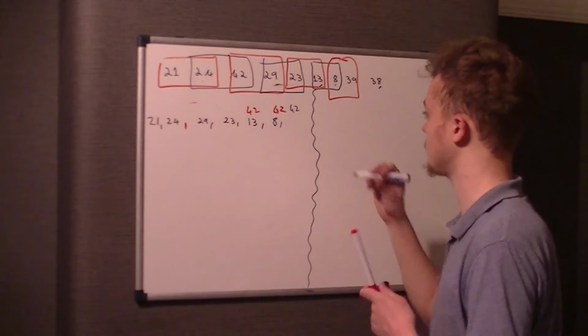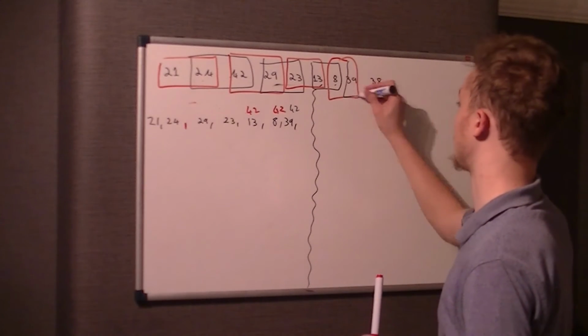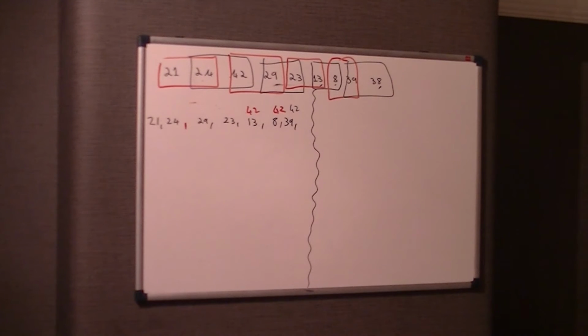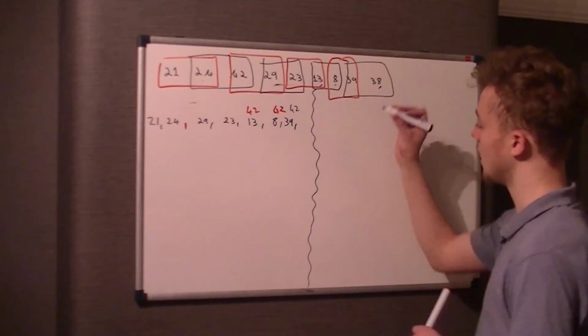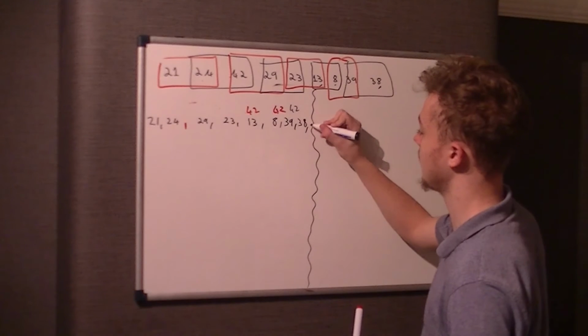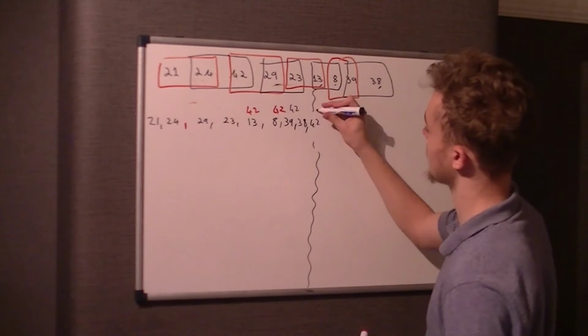Quite clearly 39 is smaller, so we move it over here. We do the same with 42 and 38. Quite clearly 38 is smaller than 42, so we write 38, and then finally there's nothing else to compare it to, so we write 42 there.